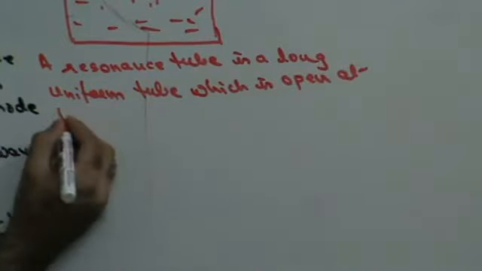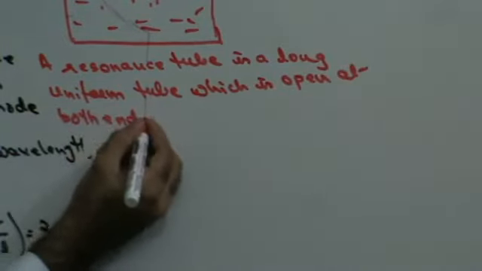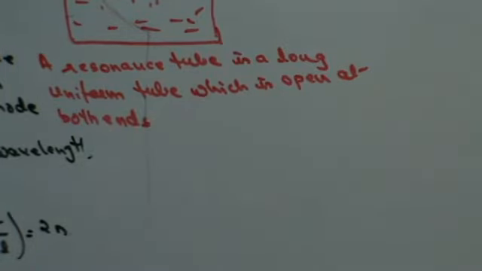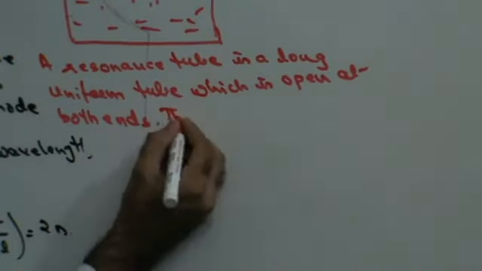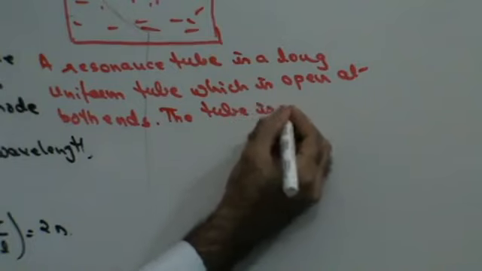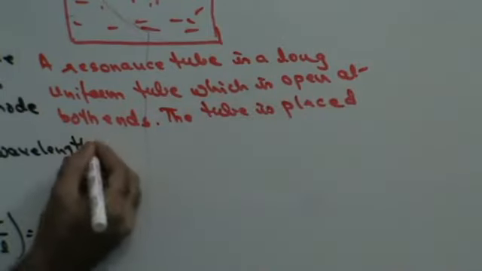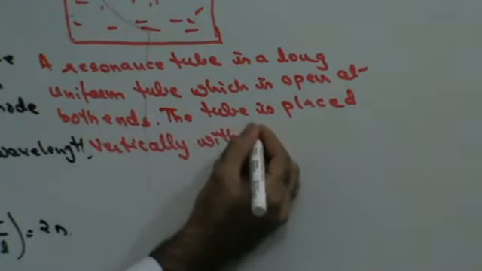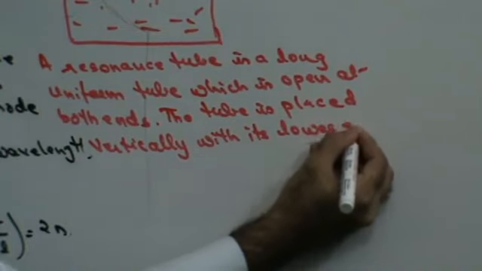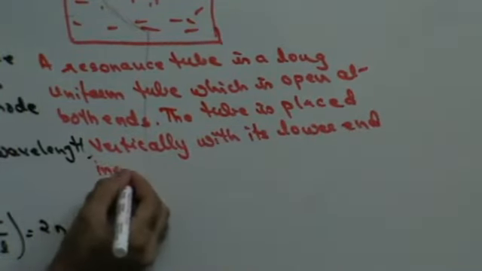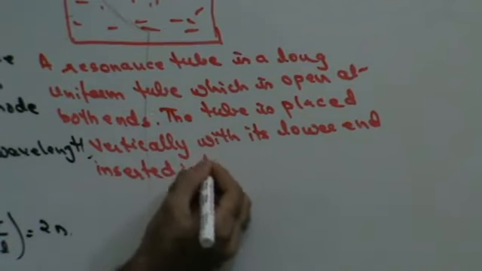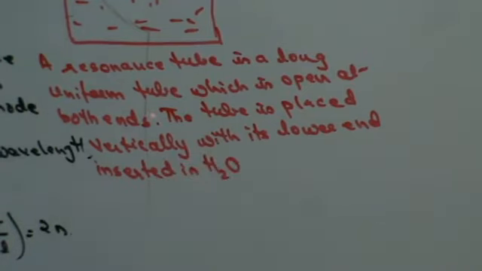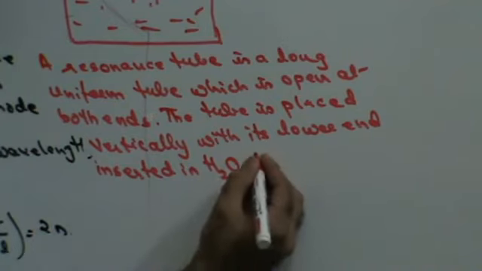The tube is placed vertically with its lower end inserted in water. A part of the tube above the surface of the water contains an air column.